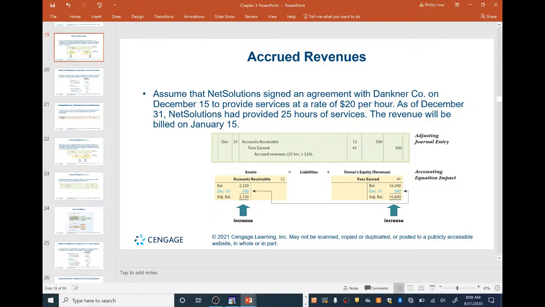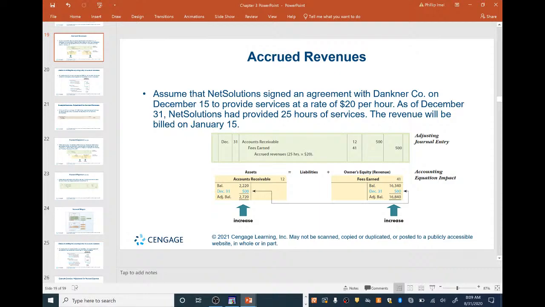So at the end of this period, they're going to provide services to Danker Company at a rate of $20 per hour, right? So as of December 31st, Net Solutions provided 25 hours of service at a rate of $20 per hour, okay? So 25 times 20 is $500, okay?